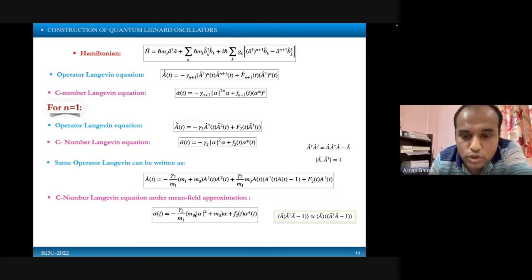So this is the whole idea. This will be our starting equation to derive our desired form of the van der Pol and the Rayleigh oscillator, so we take this as our starting equation in the next slide.